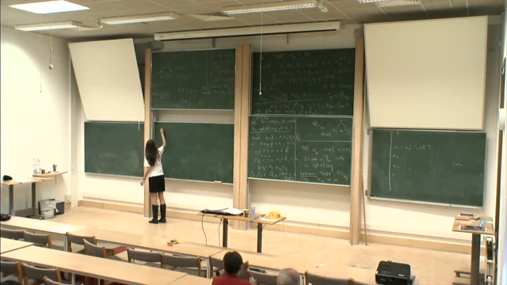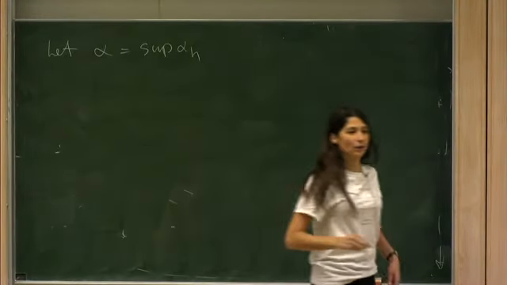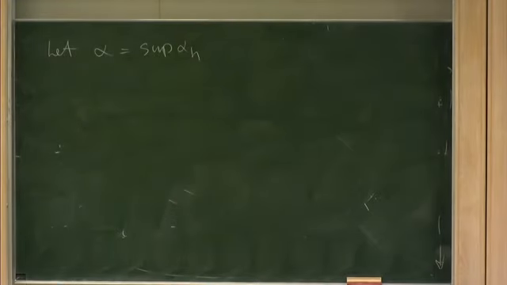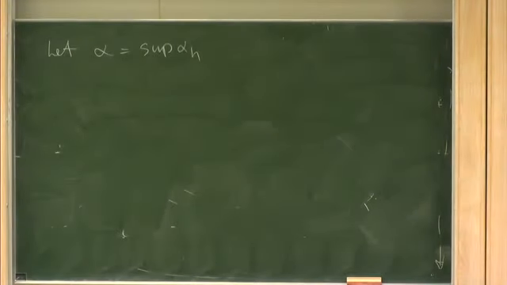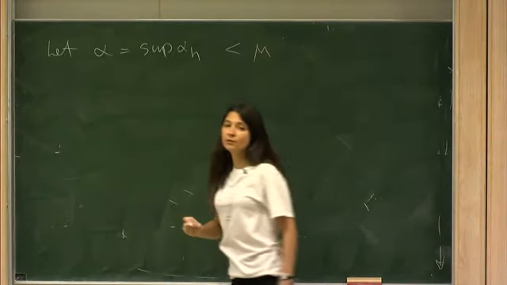So now let alpha be the sup of the alpha_h's. I mean that there are less than mu many stems, so this is less than mu.